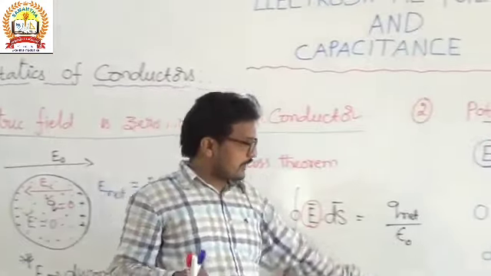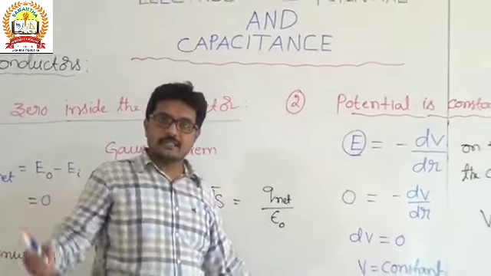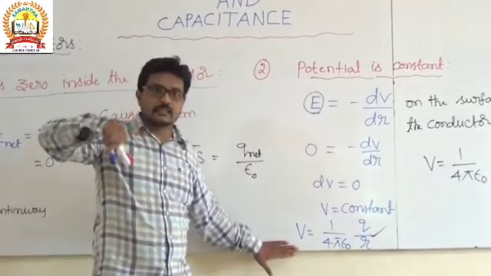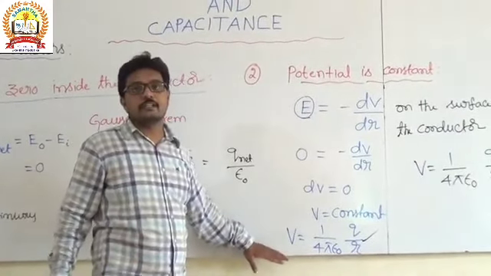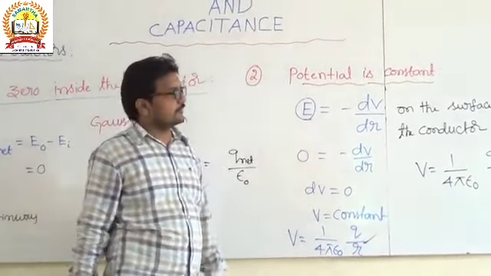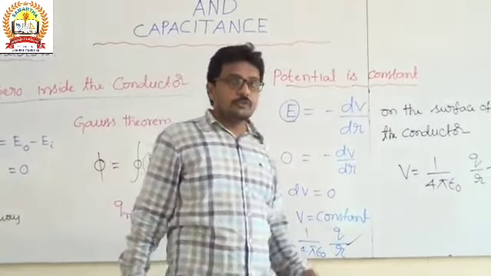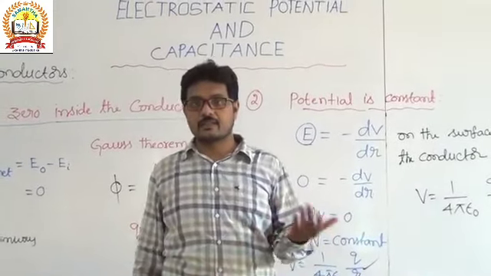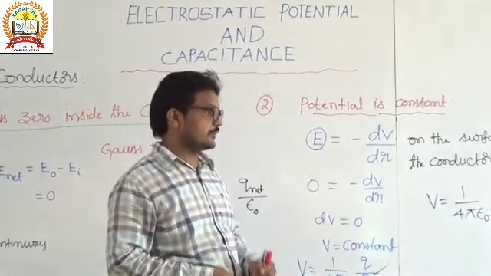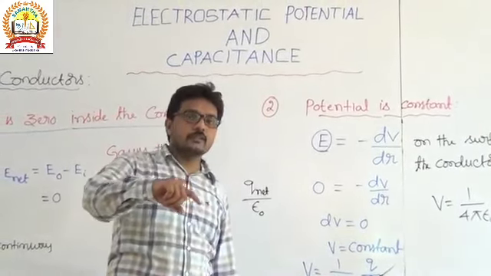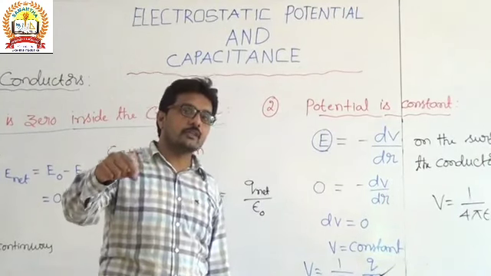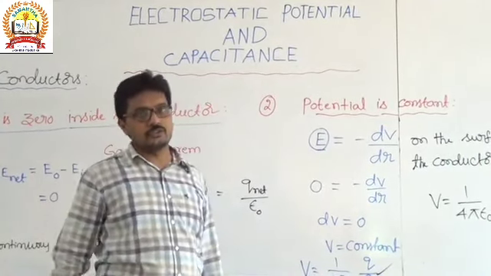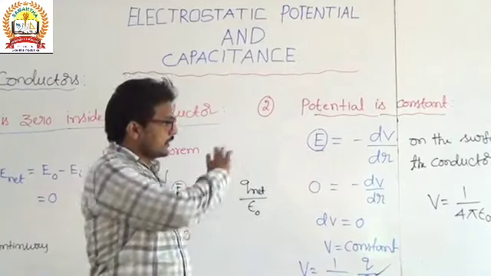So from this explanation, we can say that the surface of the conductor acts as an equipotential surface. Next, the characteristics of the equipotential surface: the equipotential surface and the electric field are always at right angles to each other.